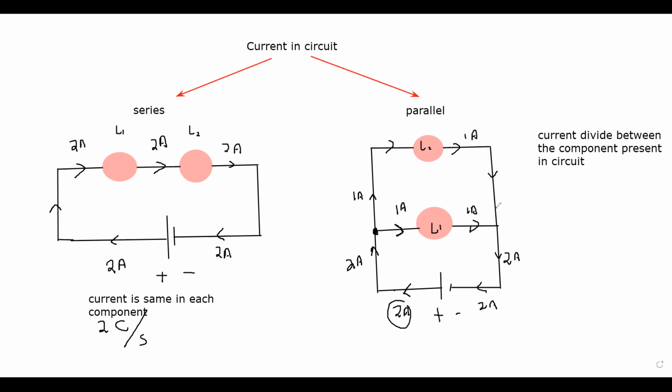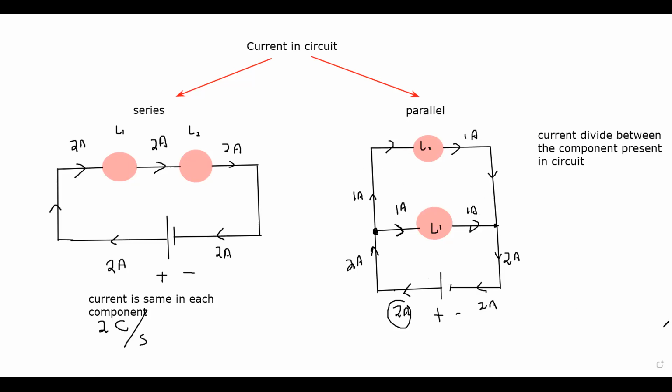And because 1 ampere and 1 ampere join again, this will make 2 ampere. So the characteristic of current: in a series circuit, the current is always the same, but in a parallel circuit, the current will divide between the components.